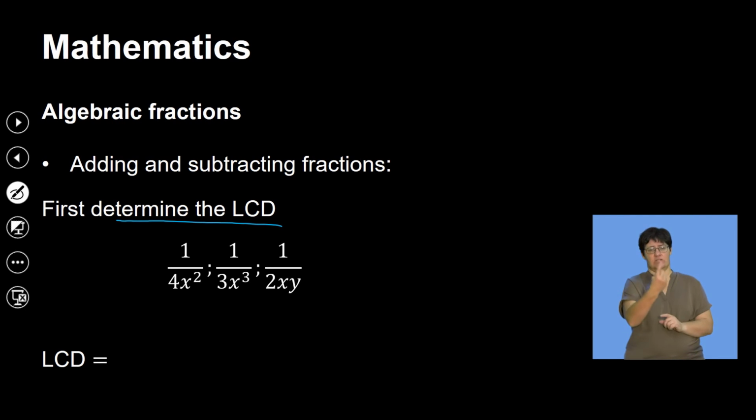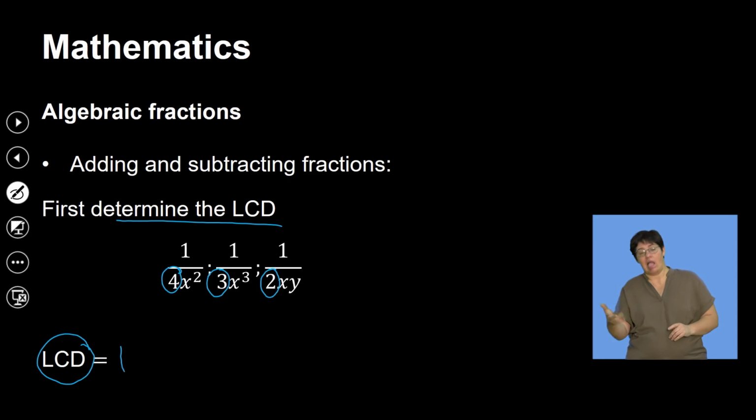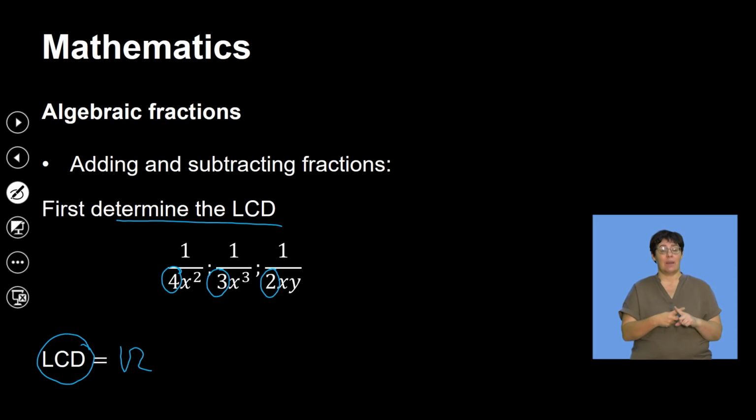Now, for example, if I have 1 over 4x squared and 1 over 3x squared and 1 over 2xy, you must find the LCD. It must be a number such that all the denominators are divisible into it without leaving a remainder. So a number that 4 and 3 and 2 can go into and not leave a remainder will then be 12, right? That we do know. Because 4 multiplied by 3 is 12, so 4 is divisible in there, 3 is divisible in there, and 2 is divisible in there.